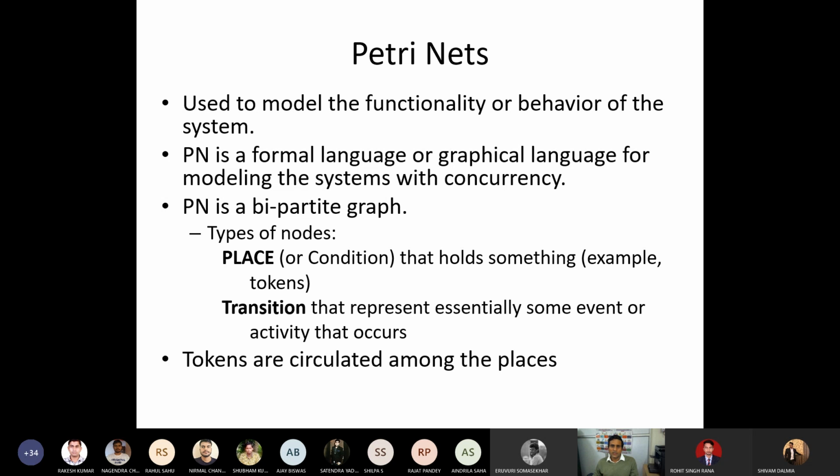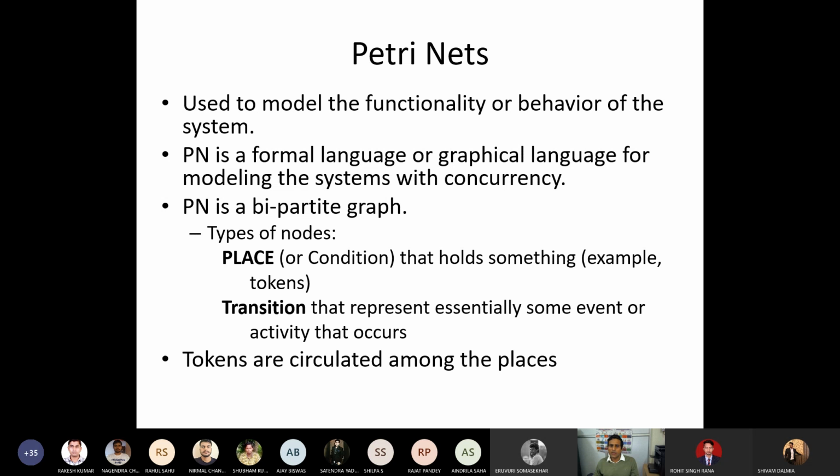So Petri nets are used to model the functionality or behavior of the system. We use Petri nets to model the functionality or behavior of any concurrent system.